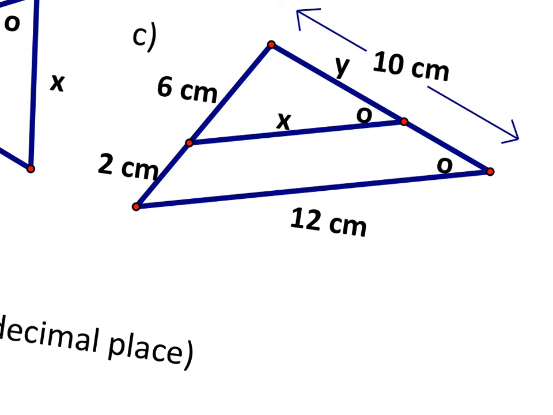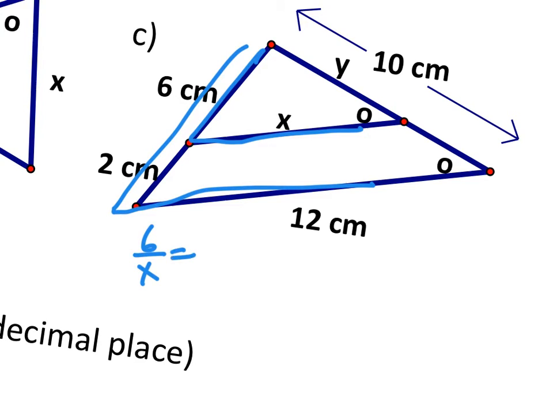Setting up proportions here, one way to do it is to say 6 is to x as the whole side 8 is to 12. So 6 is to x as 8 is to 12. When you cross multiply, that will get x is 9.